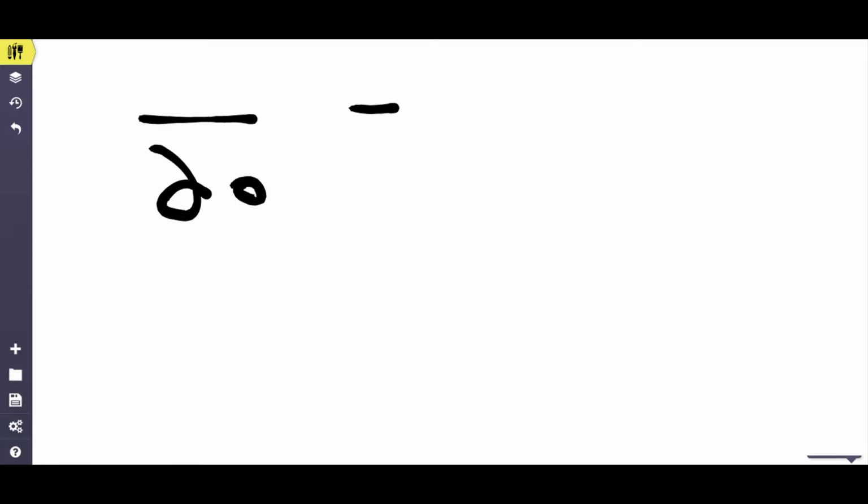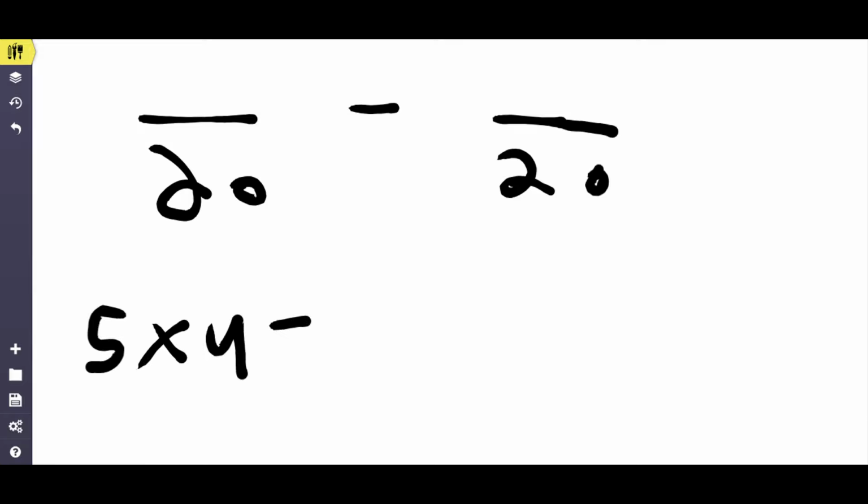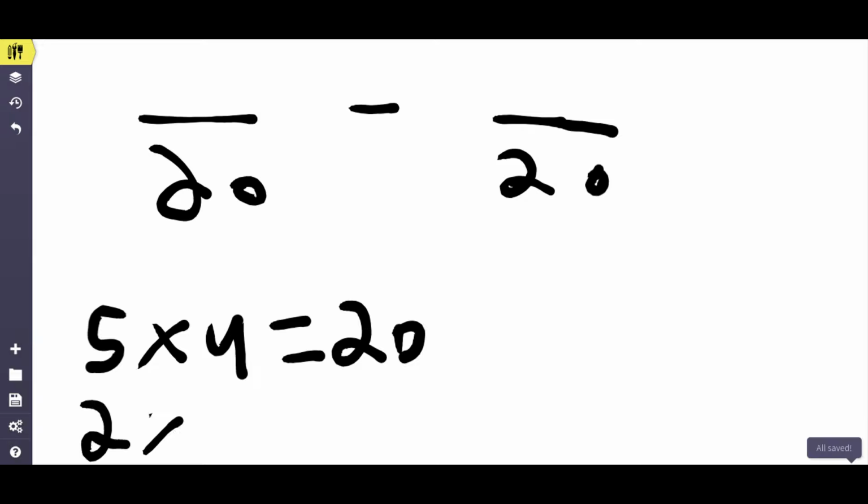So this one was 2/5. So 5 times 4 equals 20. So what does 2 times 4 equal? That would equal 8. So you have 8 up here.